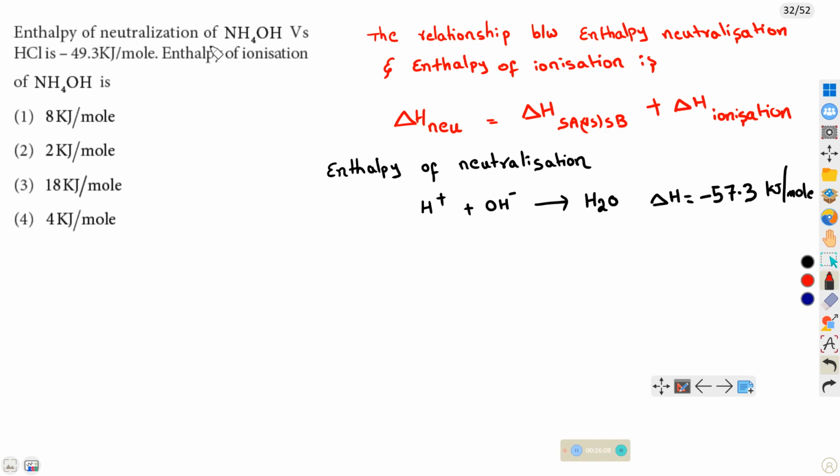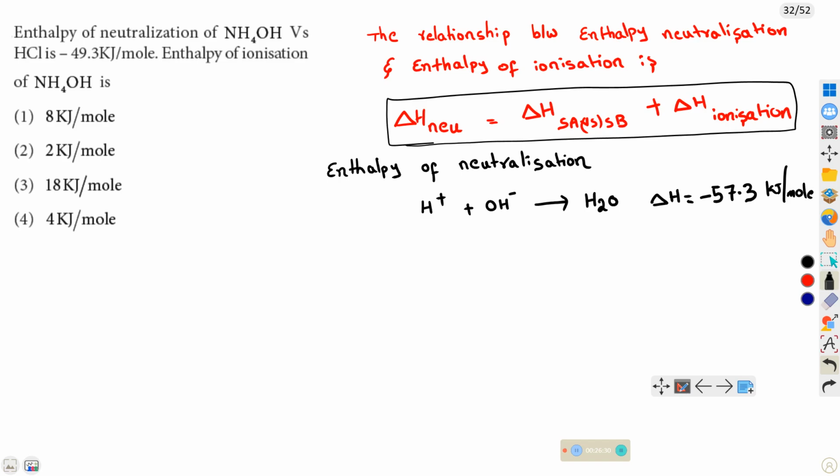Enthalpy of neutralization of NH4OH versus HCl is minus 49.3 kJ per mole. Enthalpy of ionization of NH4OH is? Now, what is the relation? The relation is enthalpy of neutralization is equal to enthalpy of strong acid versus strong base plus enthalpy of ionization.